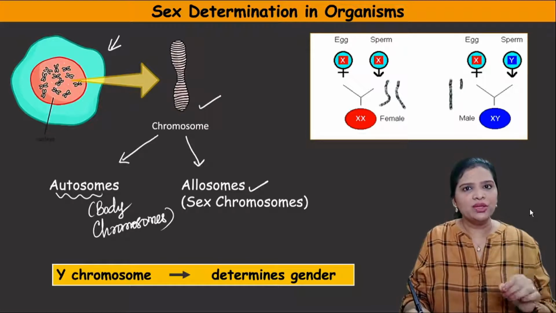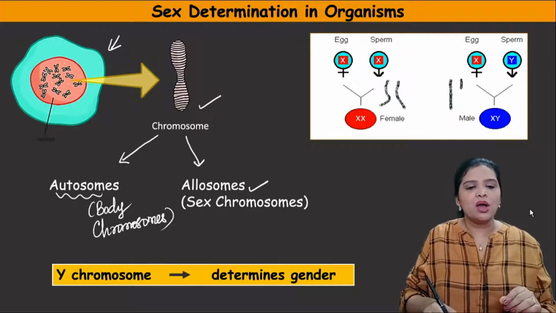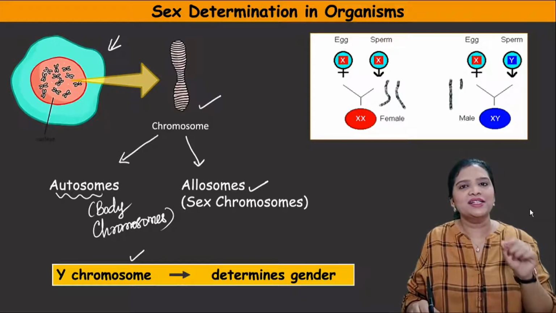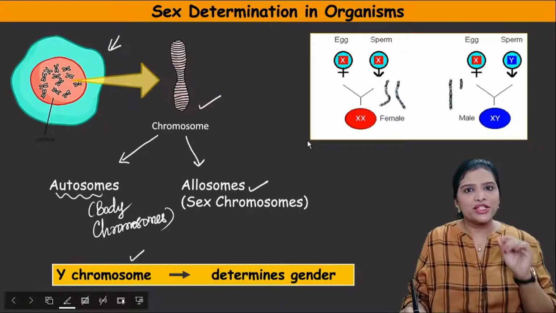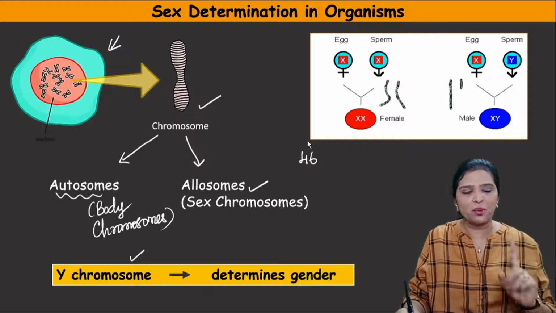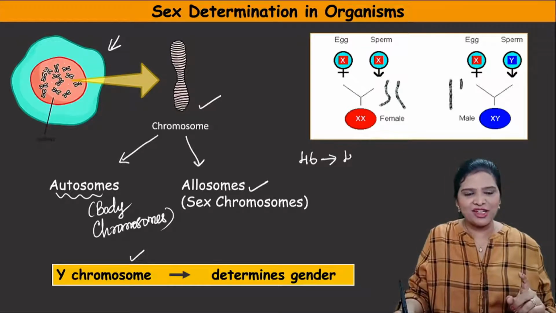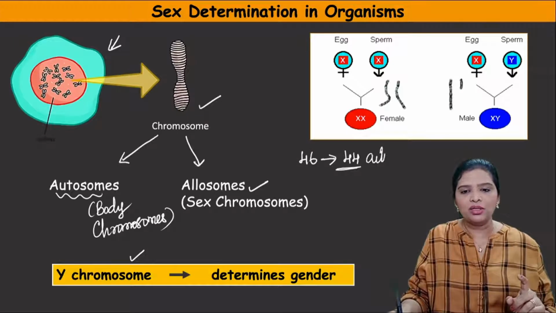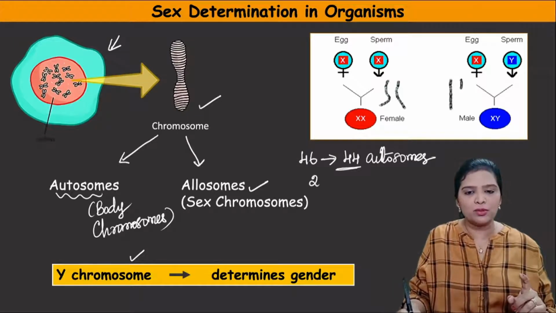Okay. So we know that in mammals, the Y chromosome determines the gender of an organism. For example, in human beings, we have 46 chromosomes in one cell. Out of these 46, 44 are autosomes, which determine the body characters, and 2 are allosomes, which determine the sex of the human being.